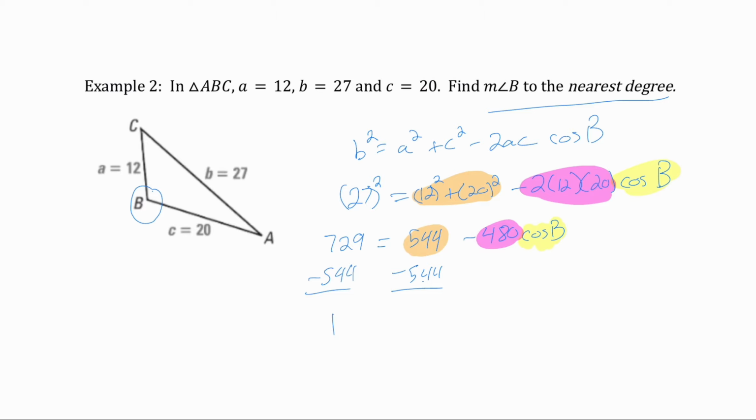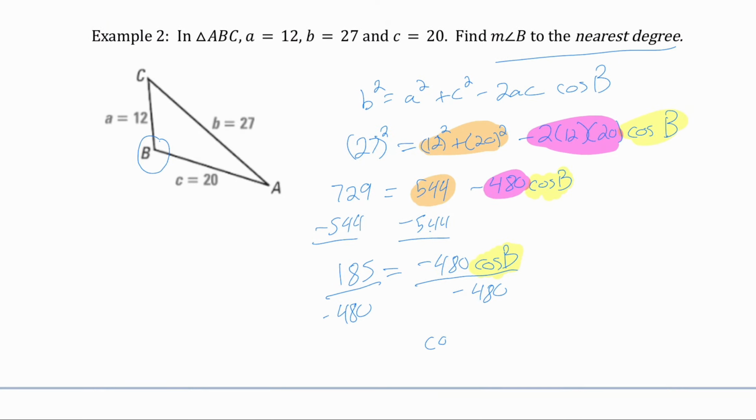We end up with 185 equals negative 480 times the cosine of angle B. Again, I'm trying to solve for the cosine of angle B, this guy right here. So the next thing I could do is divide that negative 480 over. When I divide that negative 480 over, I end up with the cosine of B is equal to, this is a long decimal, negative 0.38542, and it keeps going.